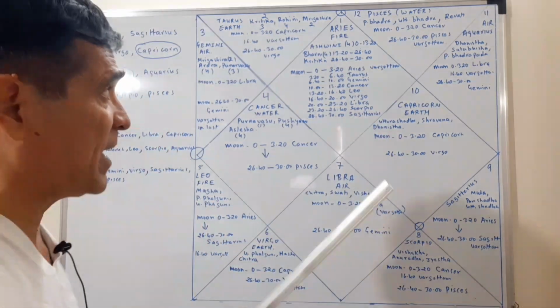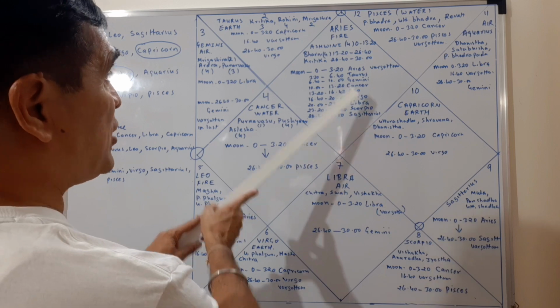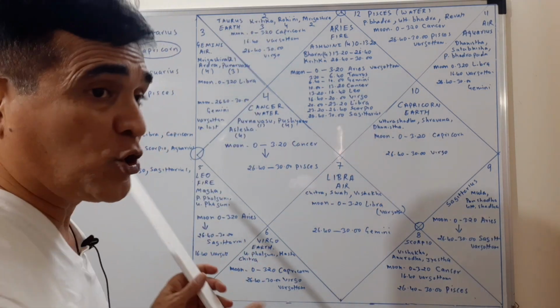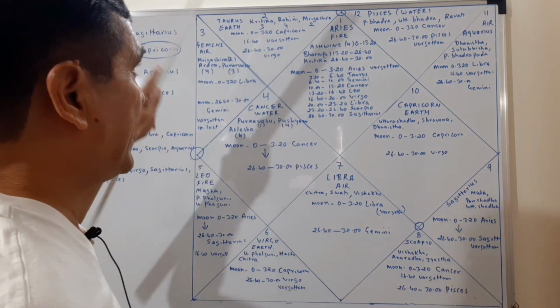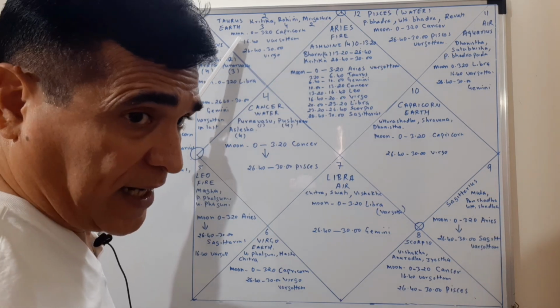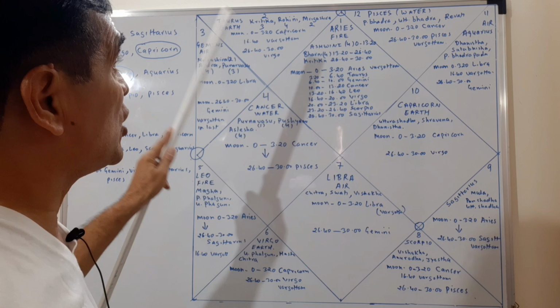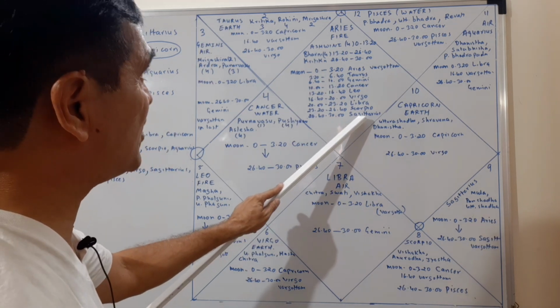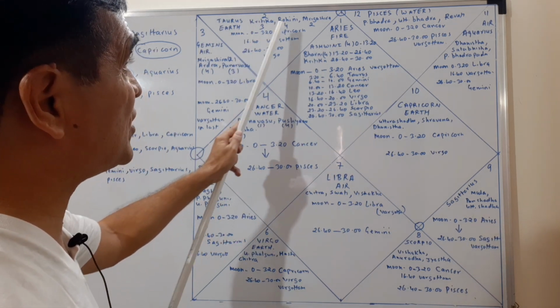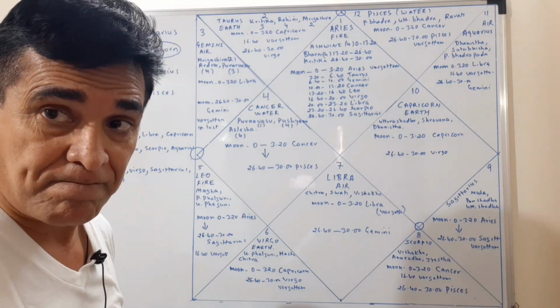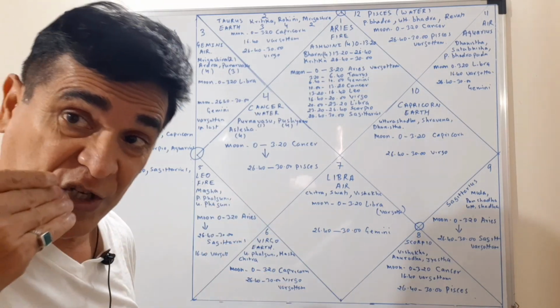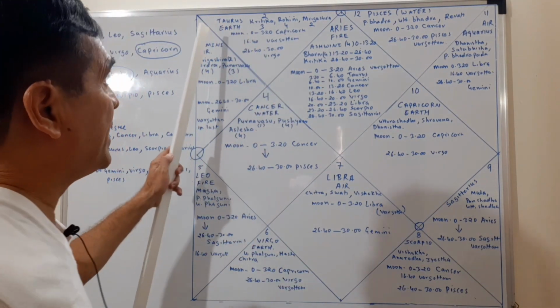Now, the interesting part is when you go into Taurus, that means the moon has entered this particular sign. You will see that after Sagittarius, at 0 degree, you will see Capricorn over here. See how it is moving sequentially.